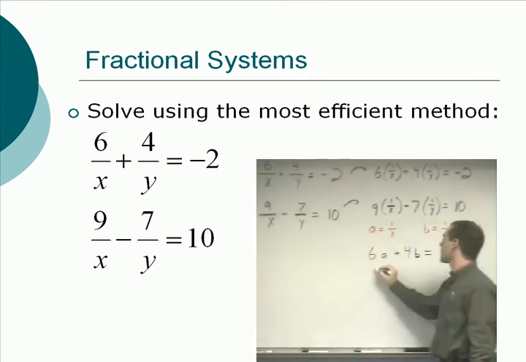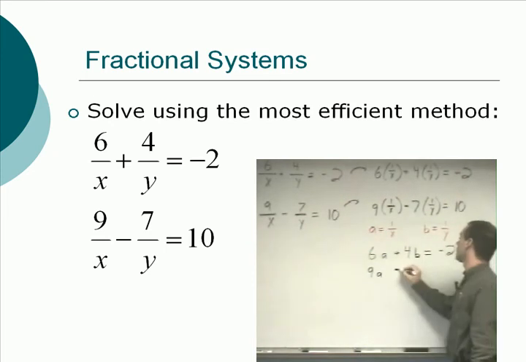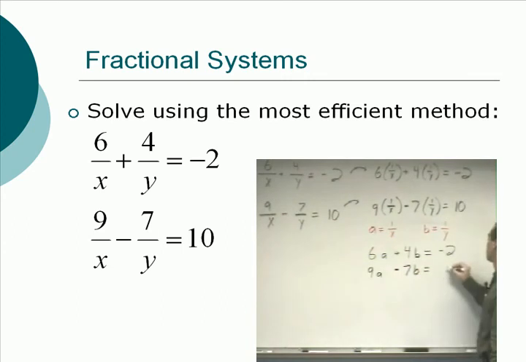And the bottom equation becomes 9a minus 7b equals 10. Okay, well that's not bad at all. We can solve that system. Let's use elimination. It's most of the time the most convenient way. What variable do you want to eliminate?